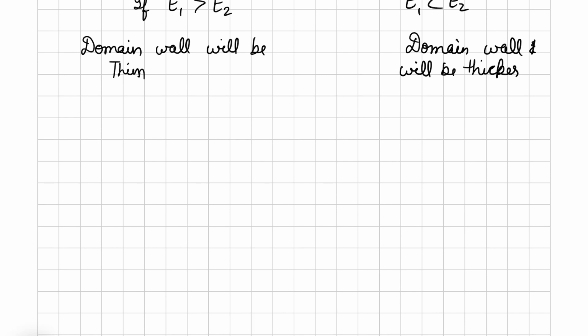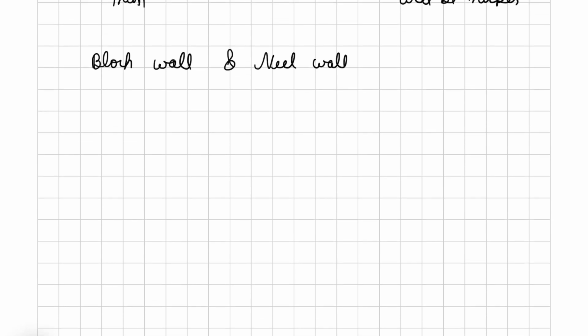And we can have two kinds of walls basically. One is called the Bloch wall, and the other one is called the Néel wall. So what happens? Let's say we had a thin material.